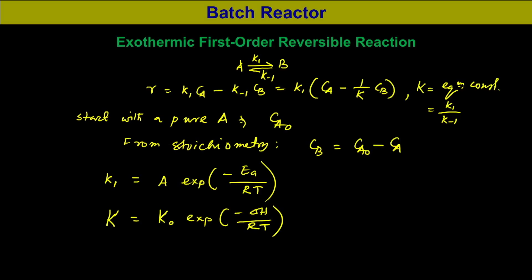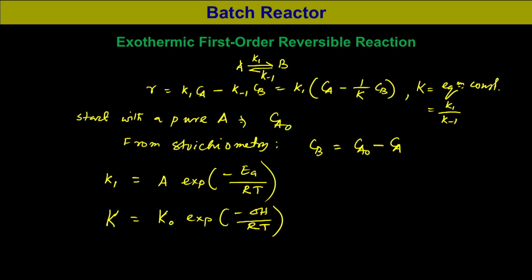So, let us consider this example: A to B, a reversible reaction with rate R equal to K1 Ca minus K minus 1 Cb, which is equal to K1 into Ca minus 1 by capital K Cb.